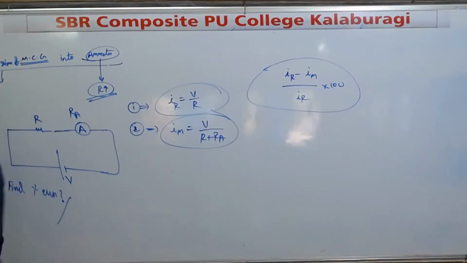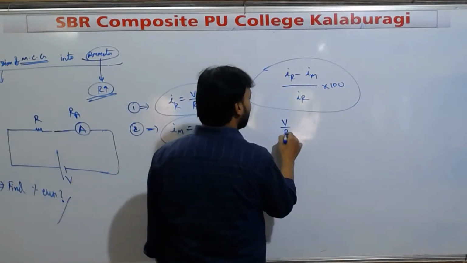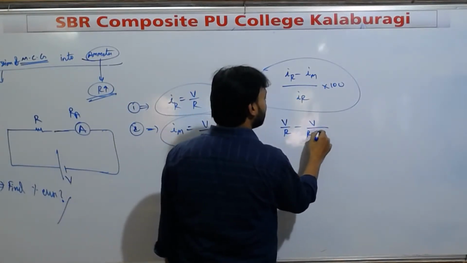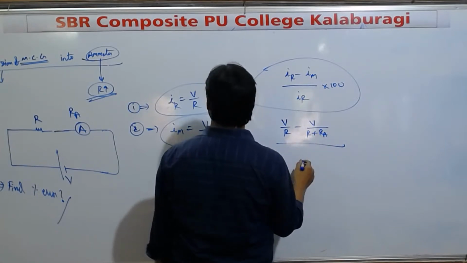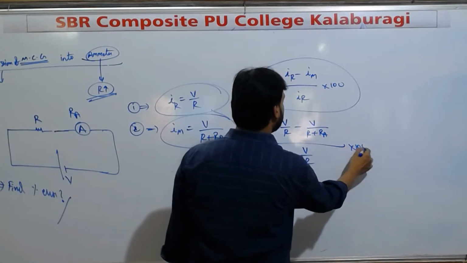Calculate. How much? Real, V by R, minus V by R plus RA, divided by V by R, into 100.